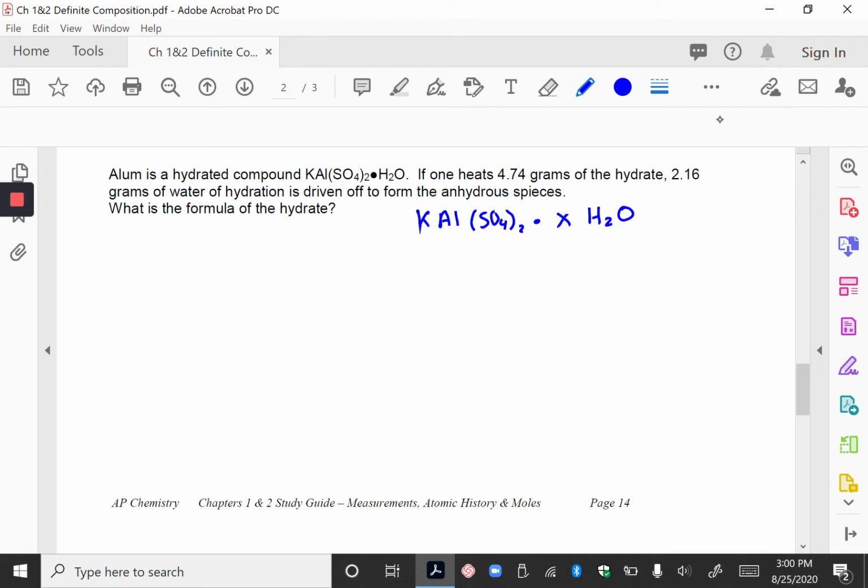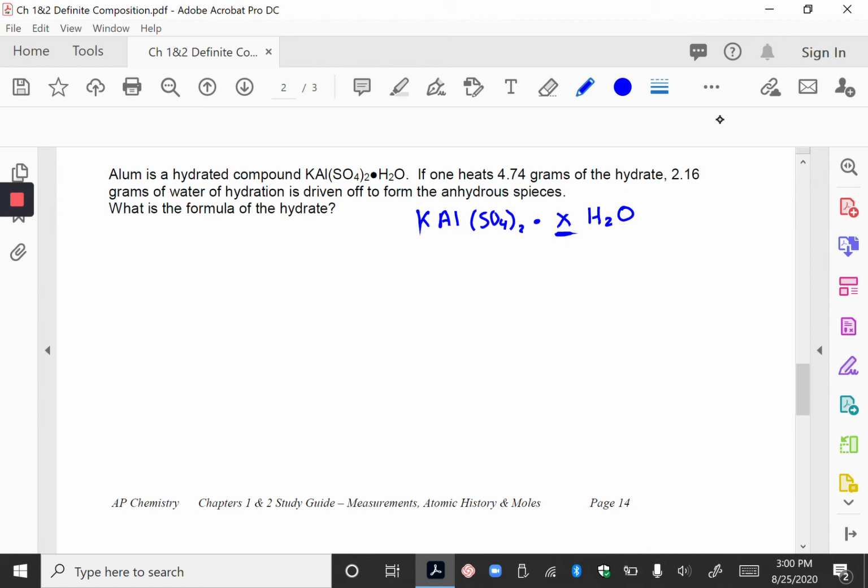What we're looking for is the formula of a hydrate, which means we just want to know what X is. Well, what is X? X is the number of moles of water for every 1 mole of anhydrous.